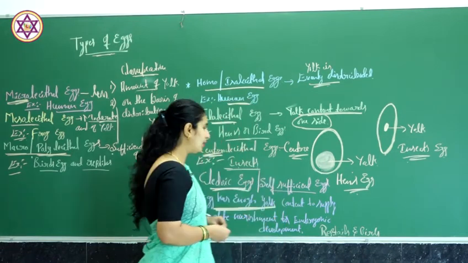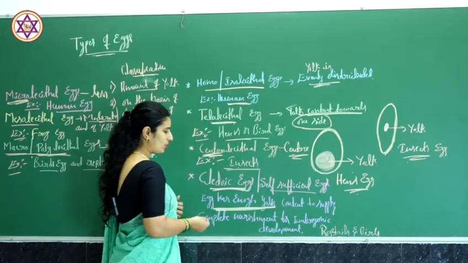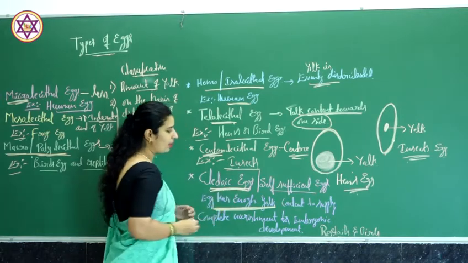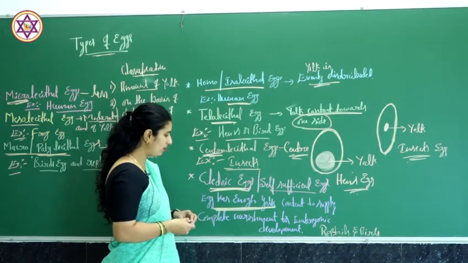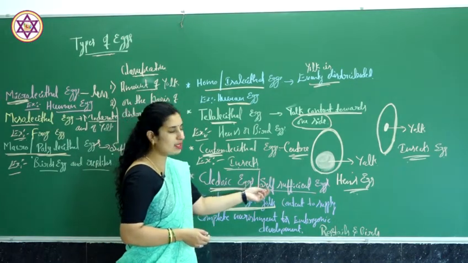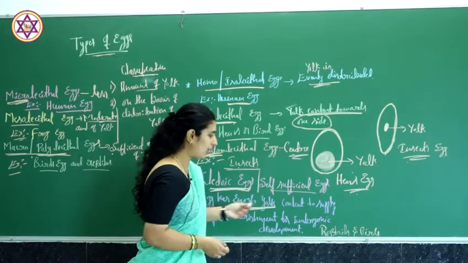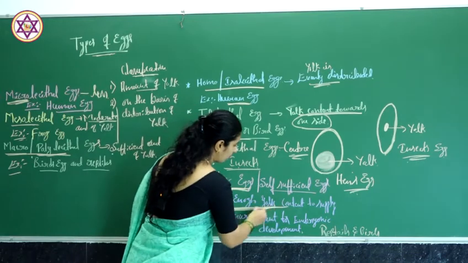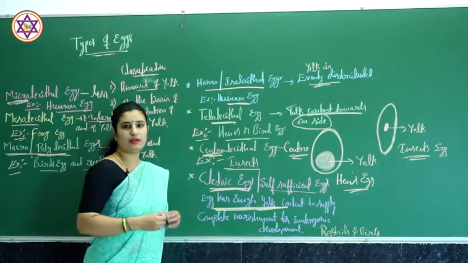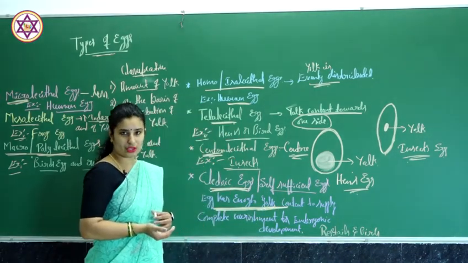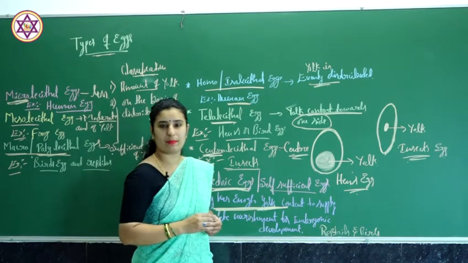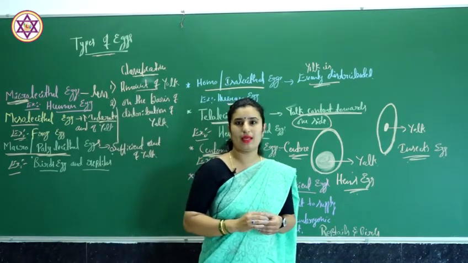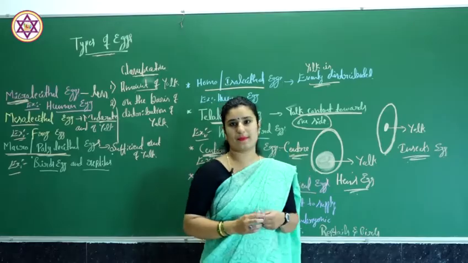Understood? So cleidoic eggs are nothing but self-sufficient eggs. So this is about the types of eggs.